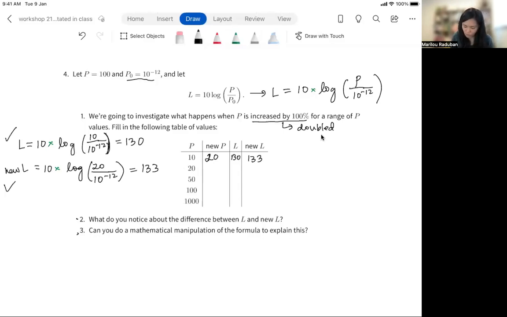You just change the value of P. If P is 20, the new P is 40. An increase of 100% is just doubling the value of P. And when you calculate L using the first equation here, you should get something like these values.